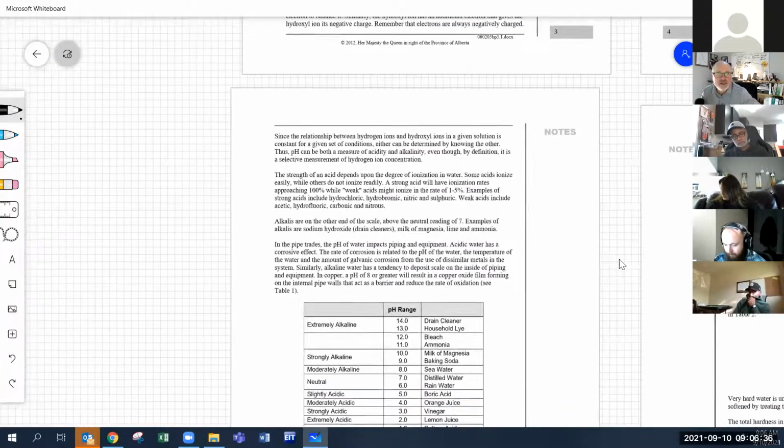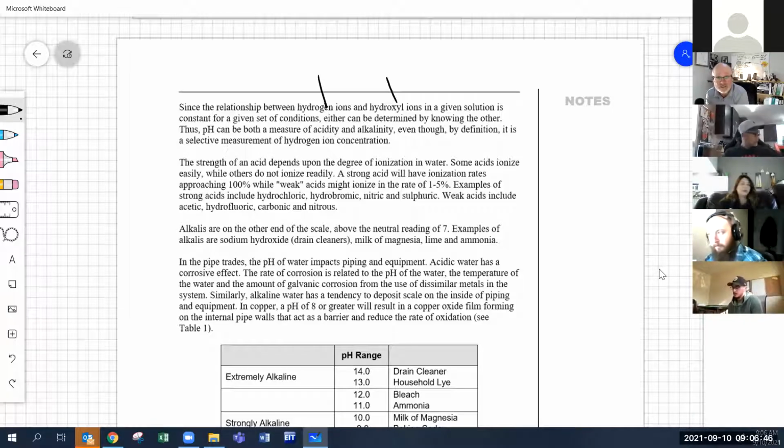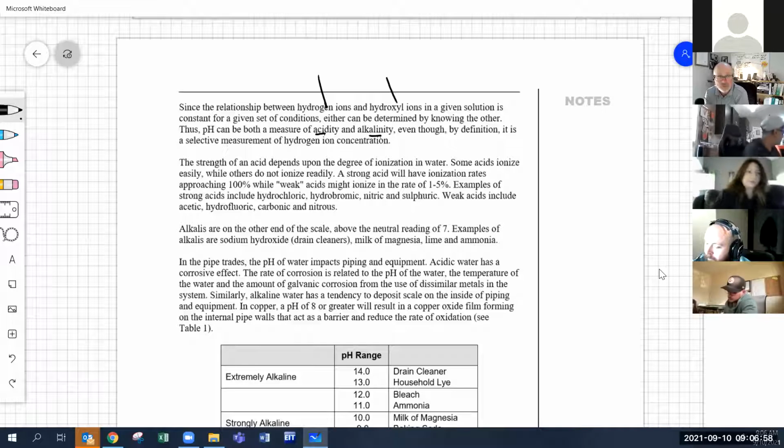So we're down here and it says, there's a lot of words in this, but since the relationship between hydrogen ions and hydroxyl ions in a given solution is constant, we can measure the acidity or alkalinity, right? That's what we do.